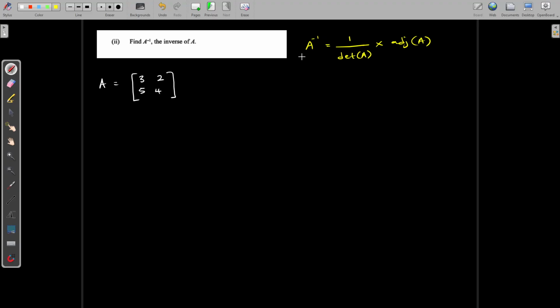So this is how we find the inverse of a 2 by 2 matrix. Alright, so that's the inverse of a matrix. So we must now find the determinant and the adjoint. The adjoint is pretty easy to find.